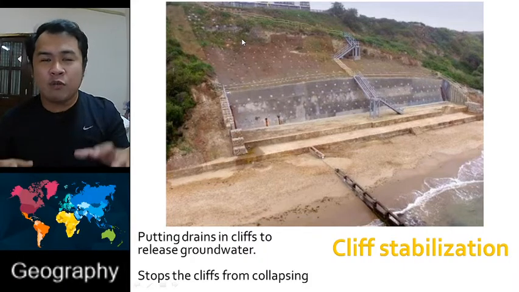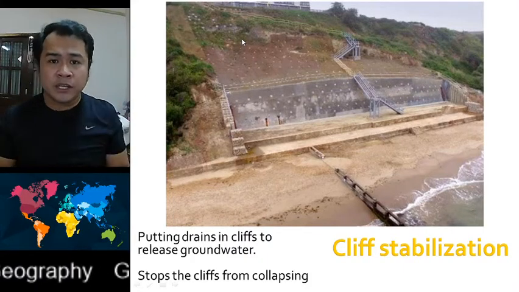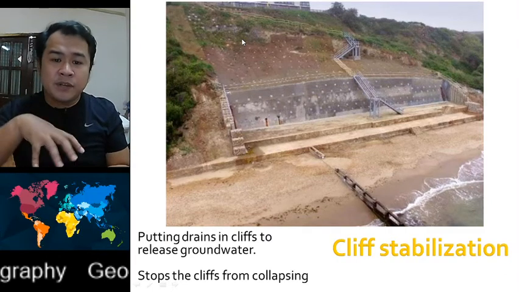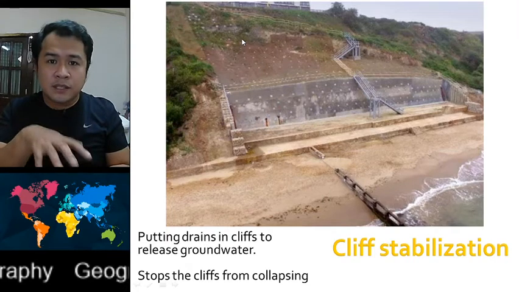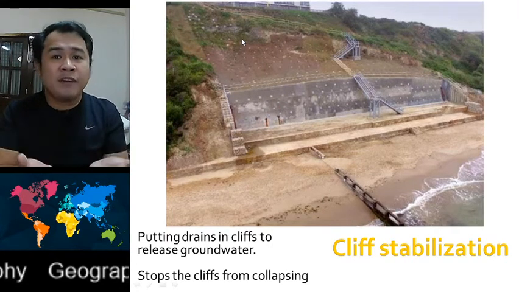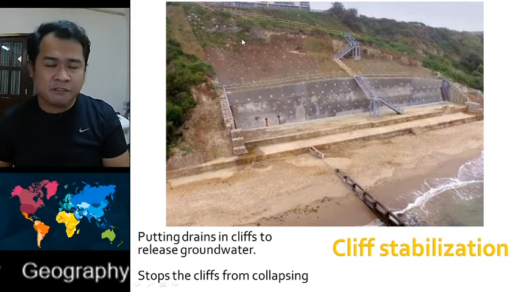You know, when there's rain, there's what we call infiltration and percolation in the soil, wherein water penetrates towards the soil, and when that happens, it becomes heavier, and when it's heavier, it can move away, or it might chip off from the cliff.